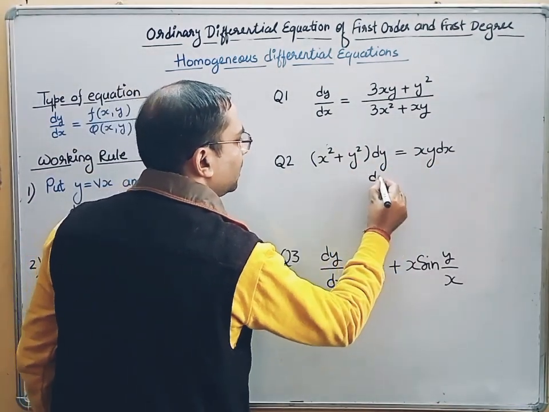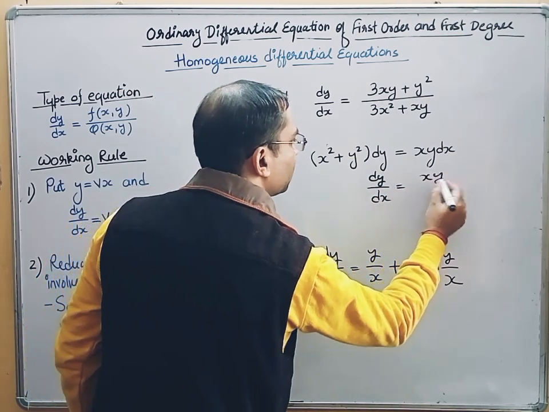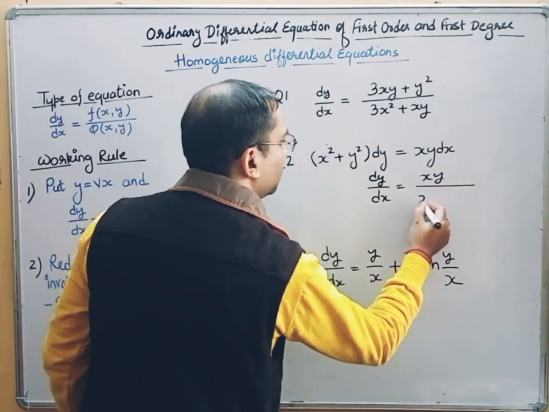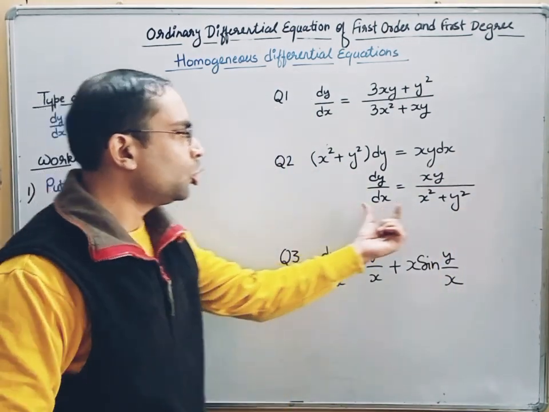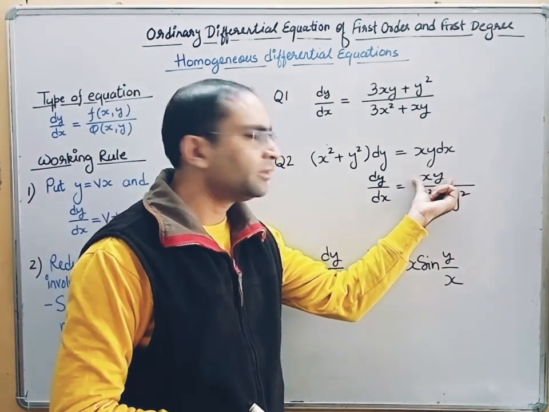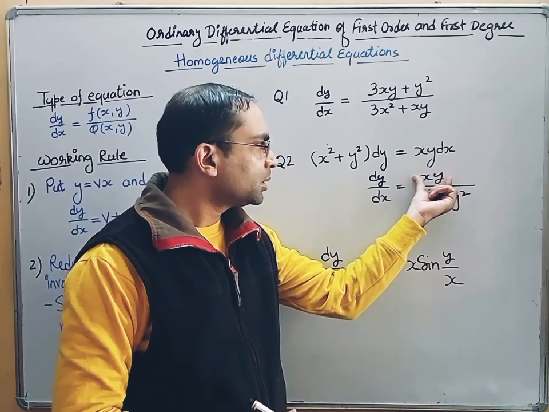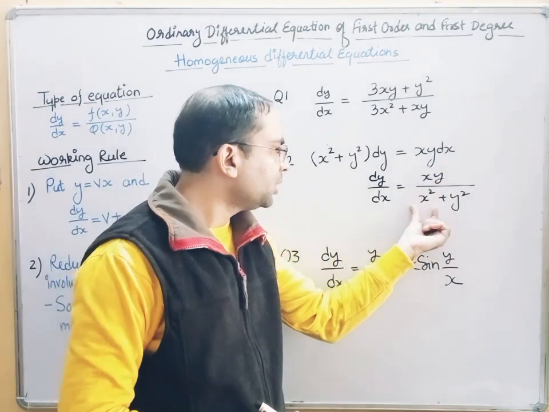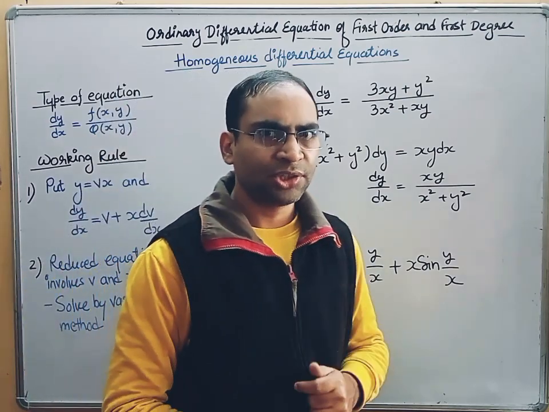So this will be dy by dx is equal to, we'll keep this xy here and we'll bring x square plus y square here. So this is now a homogeneous equation. This is function f of x and y, and this is function phi. So this is term xy with degree 2, this is degree 2, and this is degree 2. So such equations are called homogeneous differential equations.